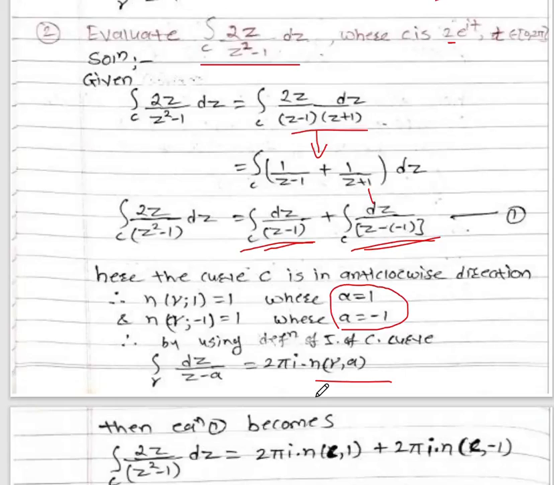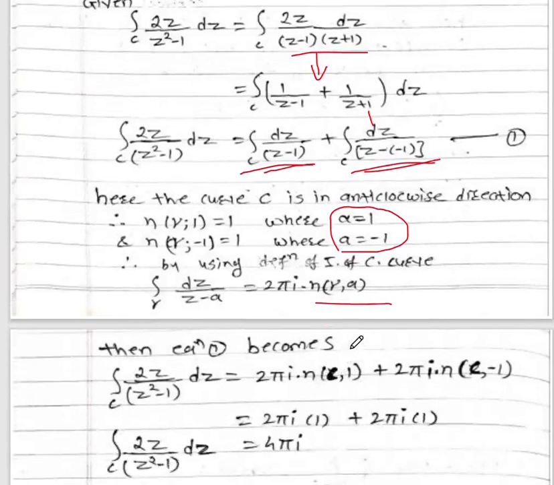Now we will put the values for a equal to 1 and a equal to minus 1. So by equation 1, put the dz and the value of a: integral over C of 2z upon z square minus 1 dz equal to 2 pi i times the index of closed curve C at a point a, plus 2 pi i times the index for a equal to minus 1.